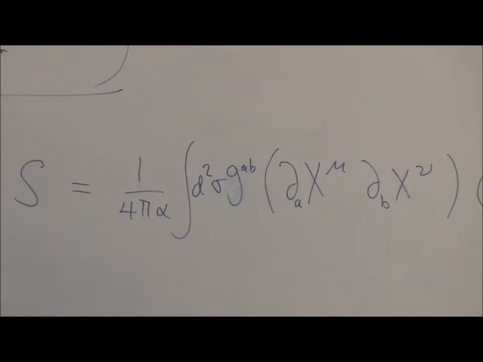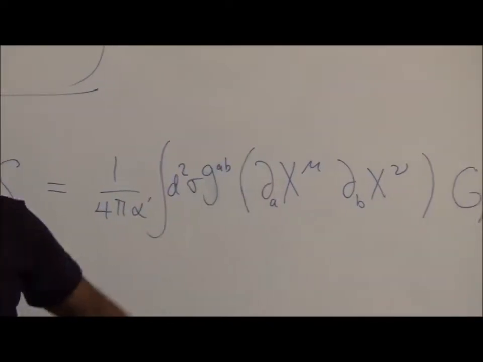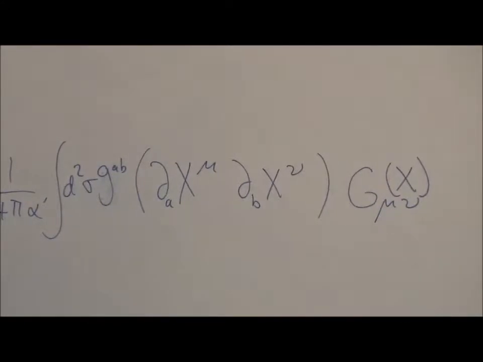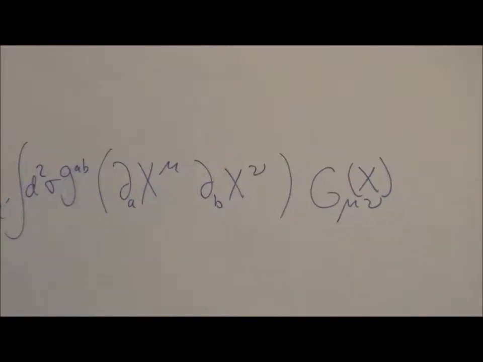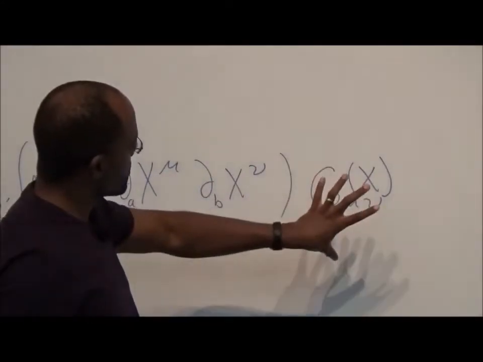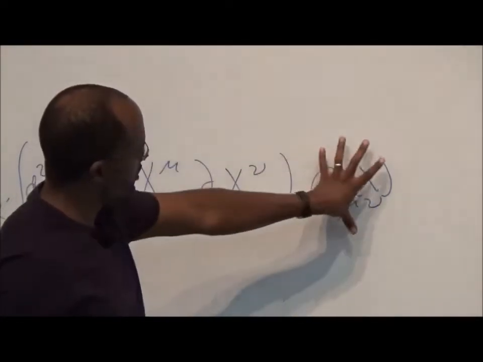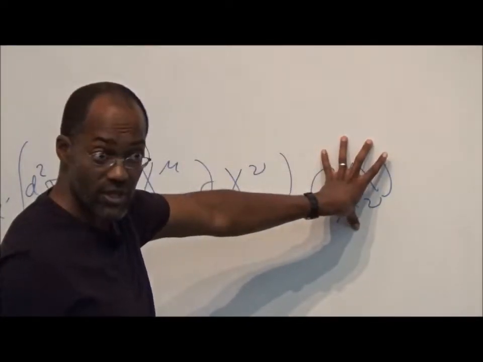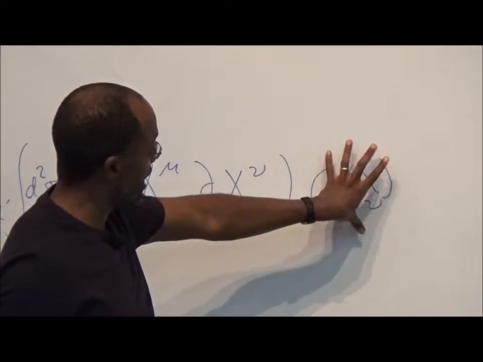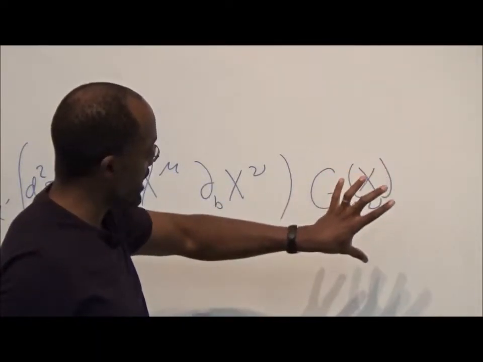And then what I would do is I would try and ask that the story we had before, where we asked that this is a conformal field theory, we do that again. So that's going to put some constraints on the G's, because this is now some two-dimensional theory with some highly nonlinear couplings, and I want some information about how those couplings are constrained.